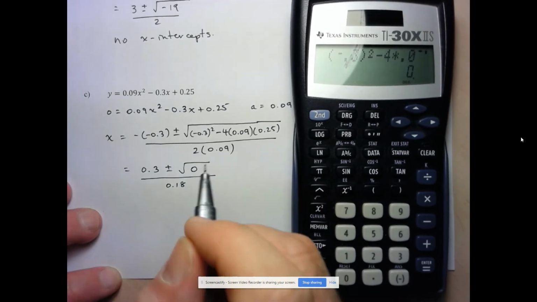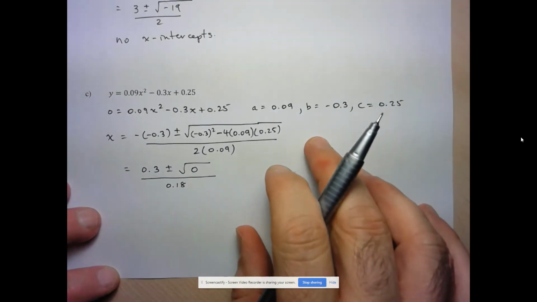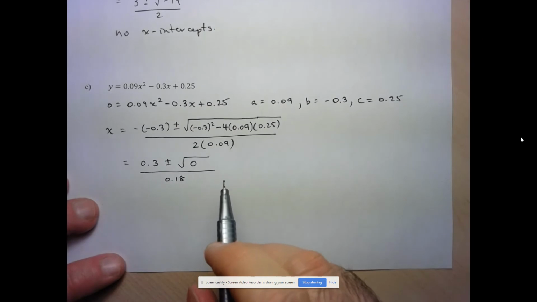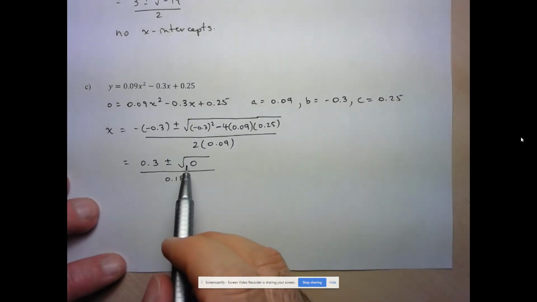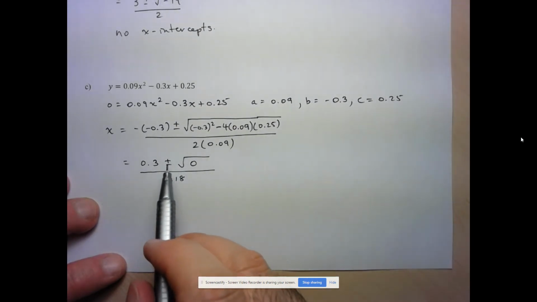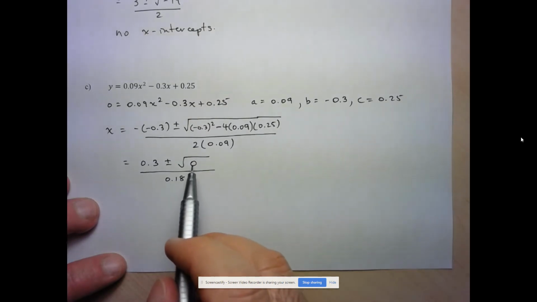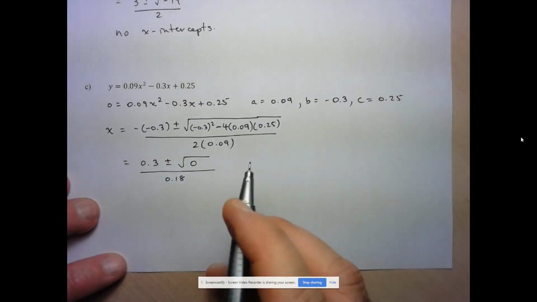We actually get 0. Now again, this is another interesting scenario because here the square root of 0 is just 0. It doesn't make a difference whether I add 0 or subtract 0. It's not going to change the numerator at all.